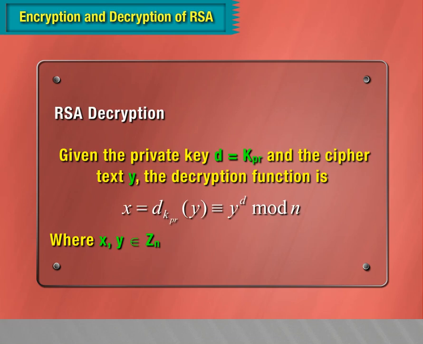RSA decryption: given the private key d = kpr and the ciphertext y, the decryption function is x = d_kpr(y) ≡ y^d mod n, where x, y belong to Zn.